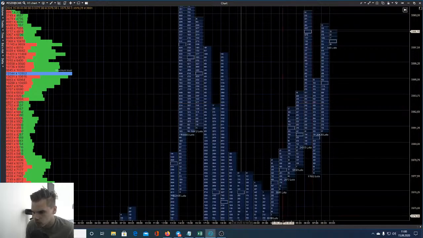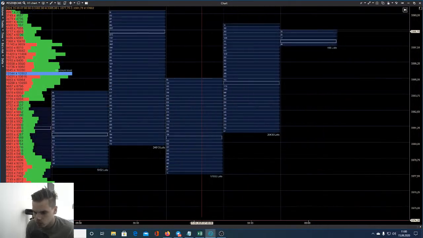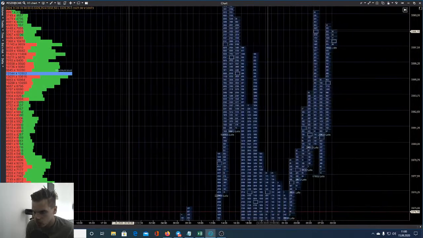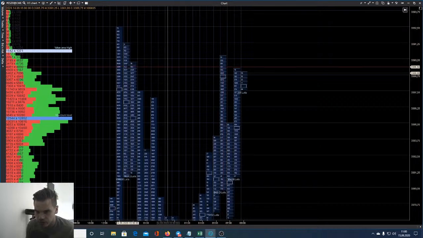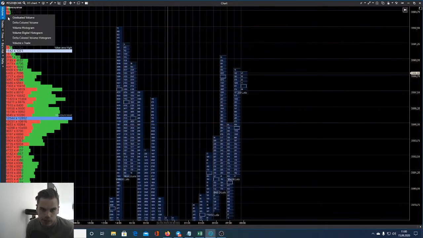I want to chart. Yeah, look at this high liquidity up here. Stackings.